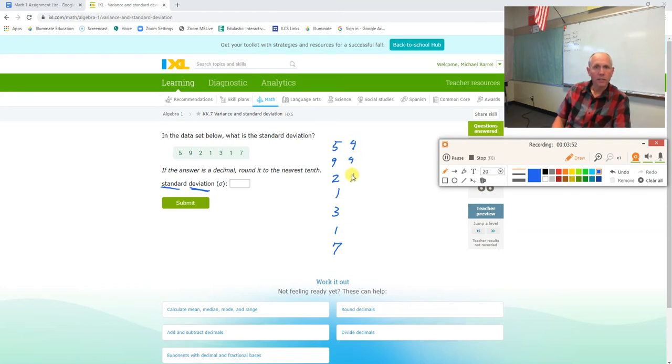So here's my mean. My deviations are 1, 5, 2, 3, 1, 3, 3. There are my deviations, squaring them.